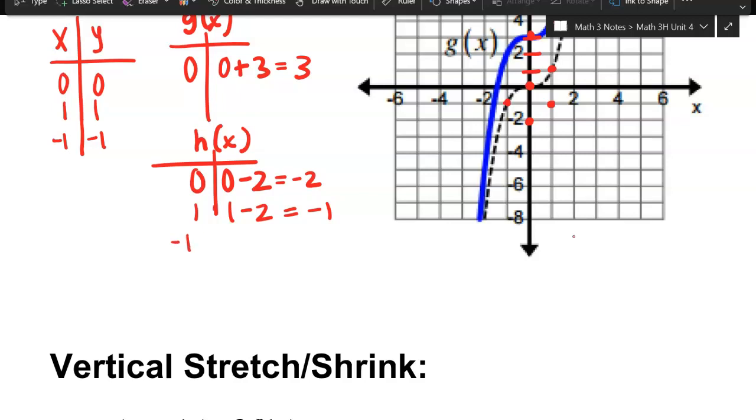Next we have negative 1, and then we're going to subtract 2, so we get negative 3. So at negative 1, negative 3, we are at that point. So then we can kind of sketch our graph from there, and it shifted down those 2.